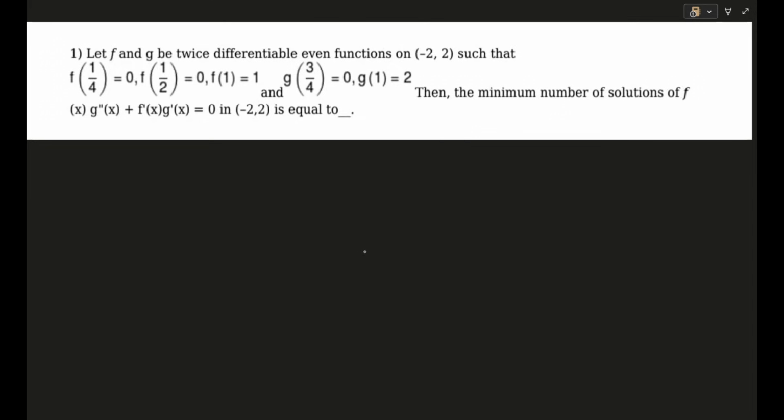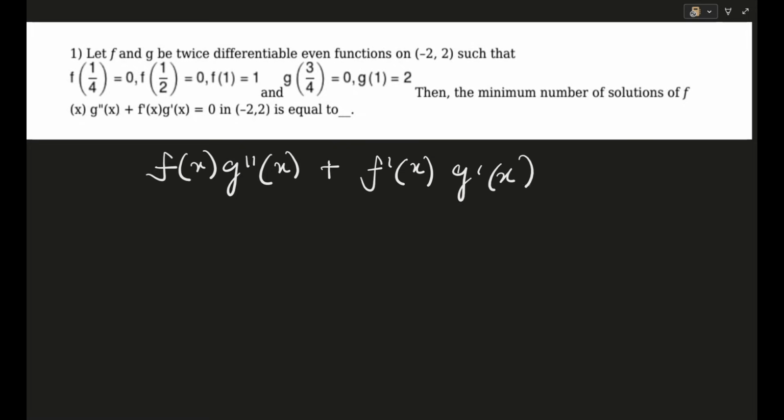Here is the next question, and to solve this, first we will look at the last statement that says the minimum number of solutions of f of x g double dash x plus f dash x g dash x. What I am going to do is take this particular thing as some h dash x.